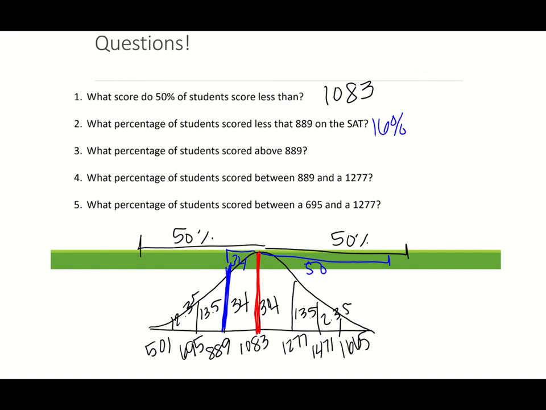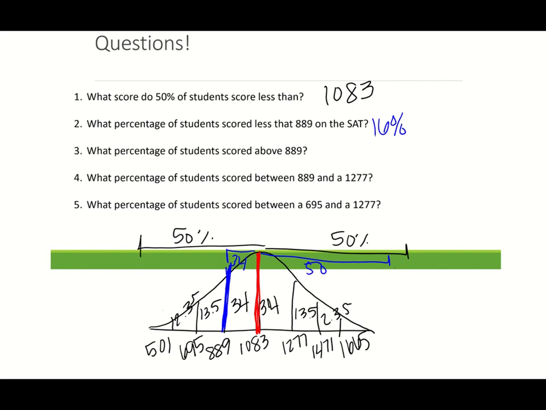And I want to use the right side and subtract because I know 100% that this is 50. What I don't know is exactly what is here, because there's always some little bit that's beyond 3 standard deviations. So 16% here. What percentage of students score above an 889?